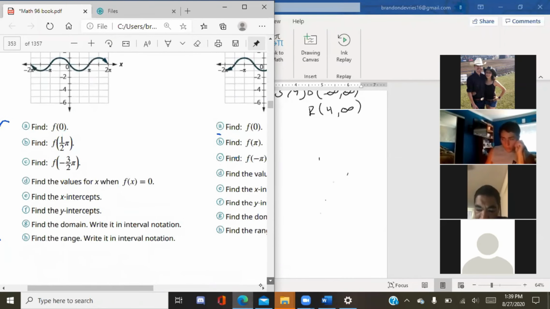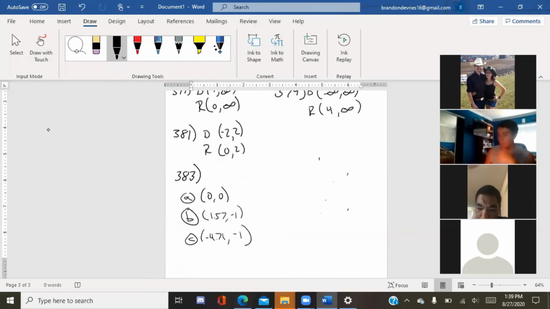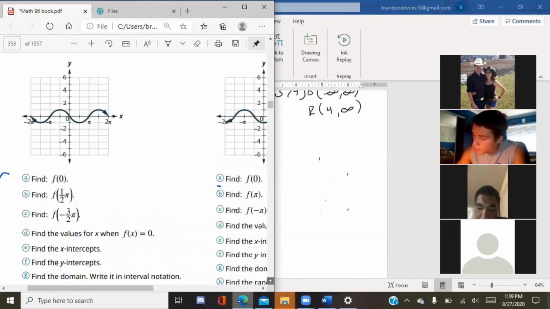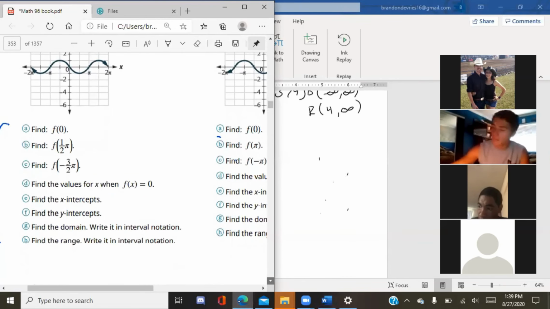383 D. Find the values for when x equals 0. So that'd be the same, 0, 0, right? No, when f of x equals 0. Find the x-intercepts.